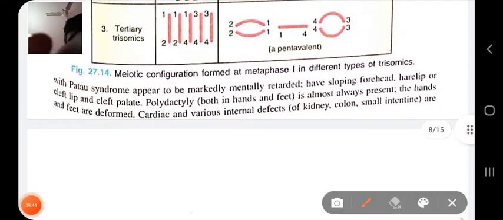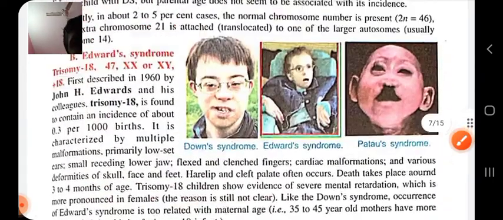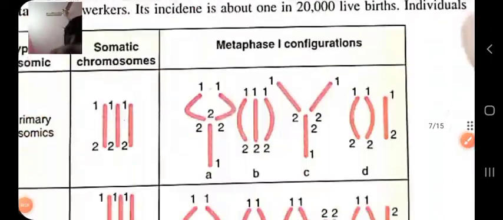Individuals with Patau syndrome are mentally retarded. Common features are a sloping forehead, hair lip, cleft lip, and cleft palate. As you can see in the figure, the cleft palate has not been formed. That leads to this type of syndrome.